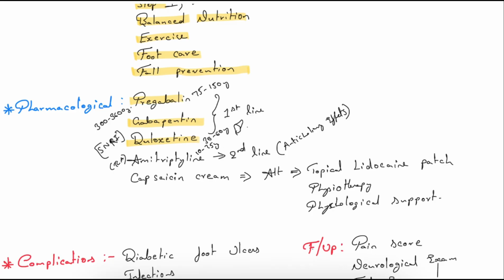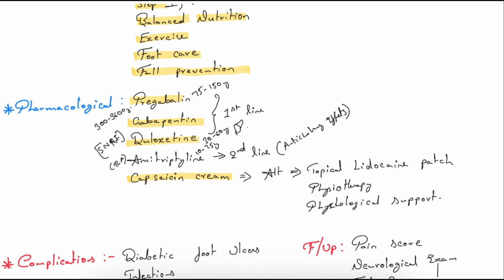Next one, last one, we have capsaicin cream. This is the main medication we call capsaicin cream. It's a topical agent. We have to apply it locally, topically, 3 to 4 times per day, and the duration will vary based on the patient.